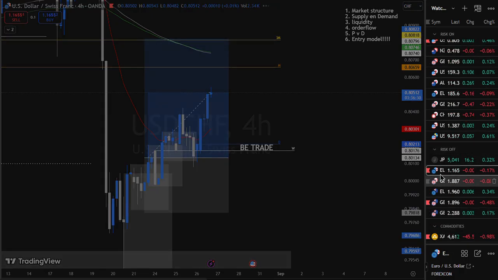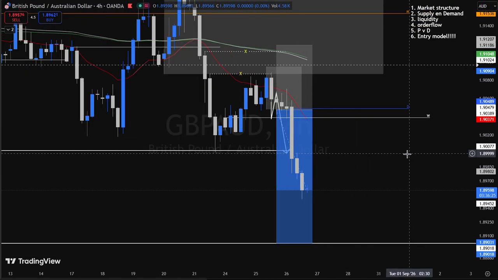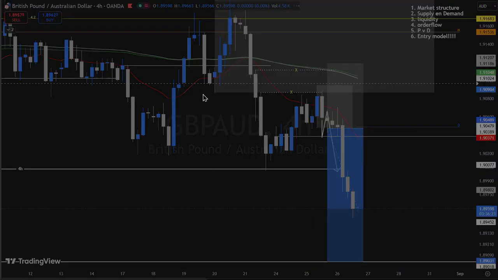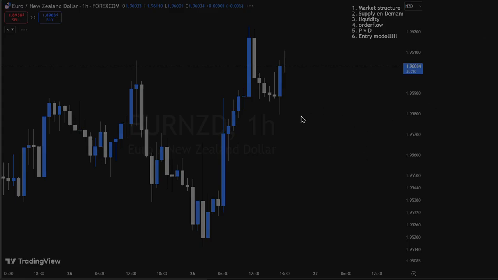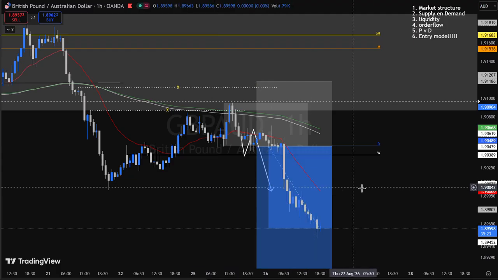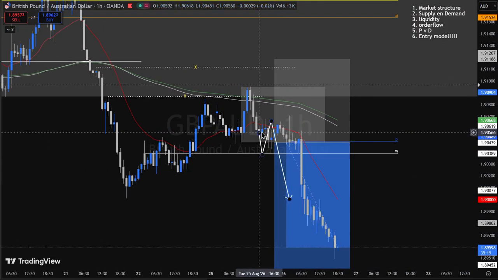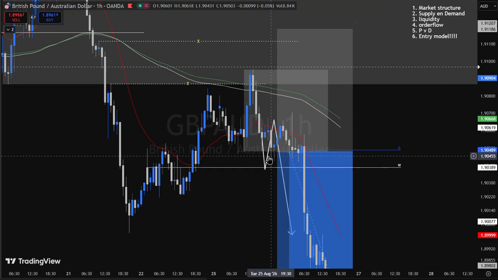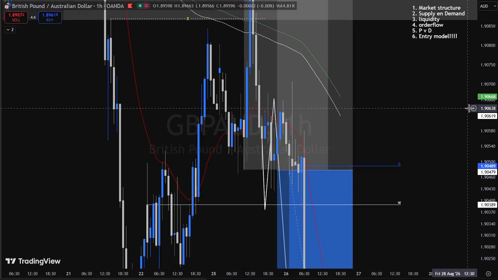And EUR/USD, as we talked about, and GBP/AUD. GBP/AUD was also a very nice trade, as I've been talking about for the last few days. This trade was also a very good A plus setup, but as you can see, my chart is not loading. I was expecting downside from this level, but this level broke out and gave us a retracement.